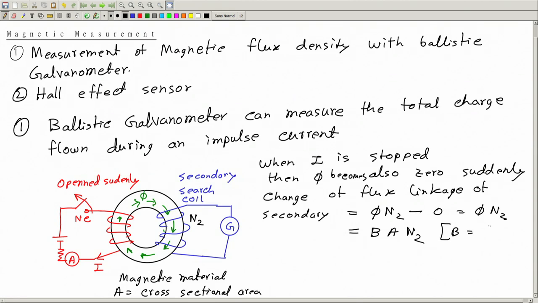And we want to measure this B. The goal of the experiment is to estimate this flux density B that was present when this current I was flowing. So, we want to estimate this B. How will we do this? We will do that using this galvanometer. How?